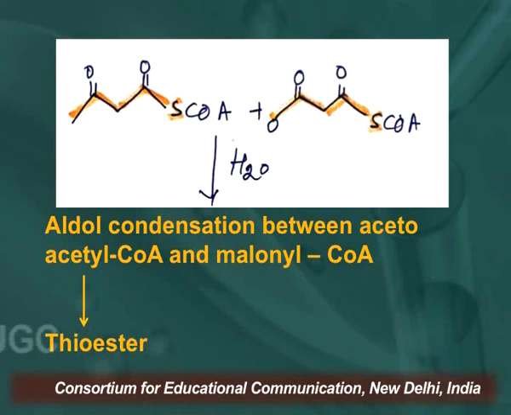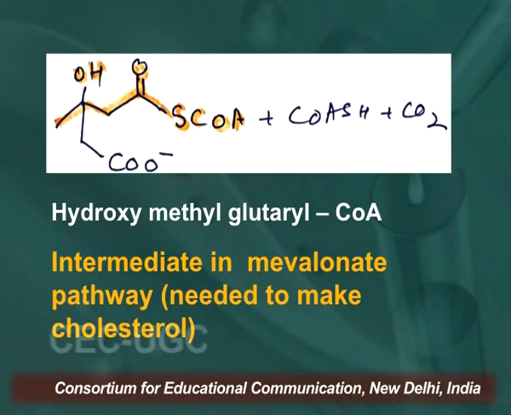Coenzyme A. So this HMG, in short form, we can represent here HMG, hydroxymethyl glutaryl coenzyme A. This hydroxymethyl glutaryl coenzyme A is a very important intermediate in the mevalonate pathway, and this HMG coenzyme A is needed to make cholesterol.